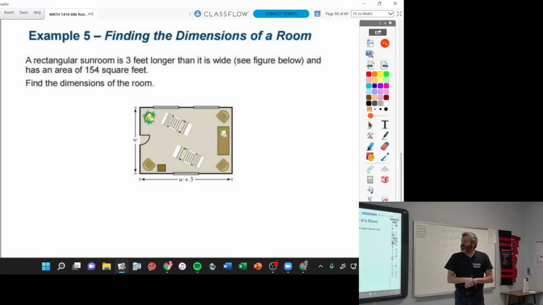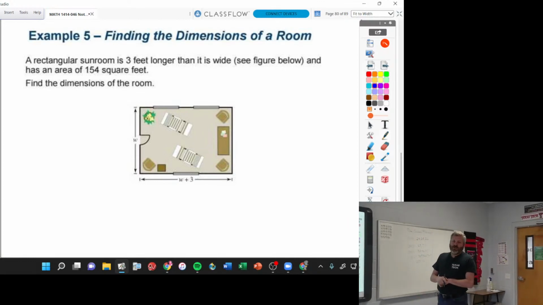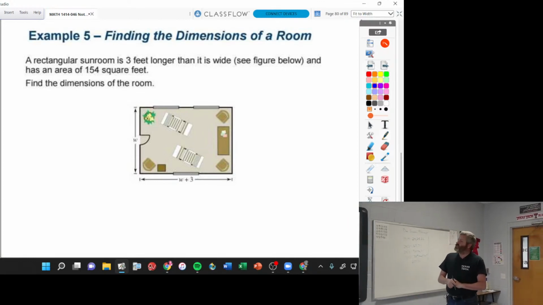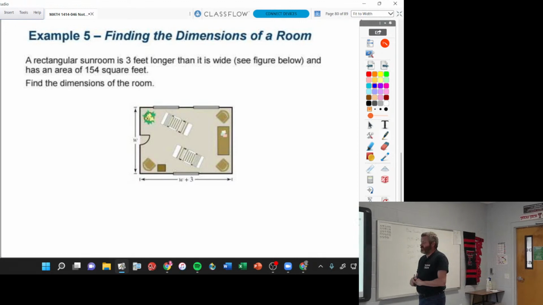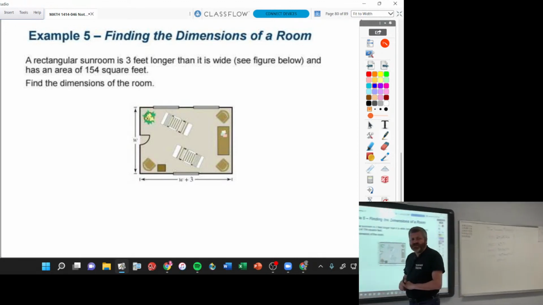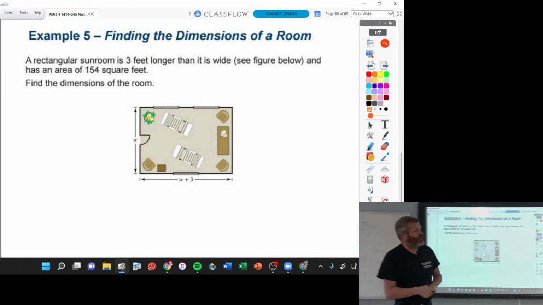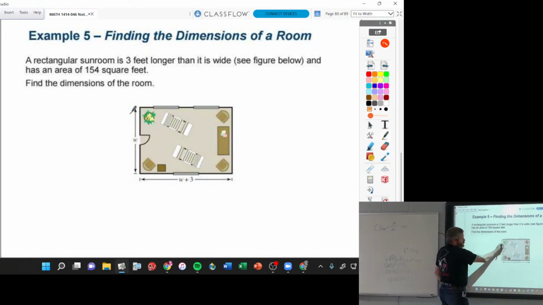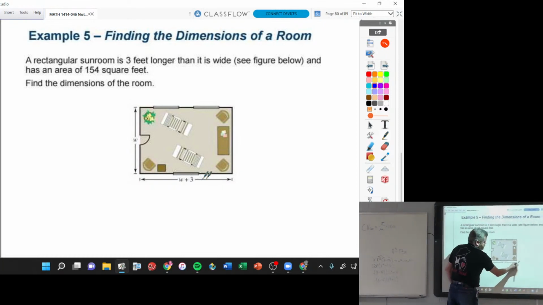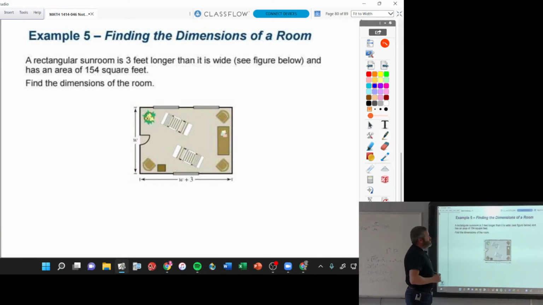So here's a problem. It says a rectangular sunroom is 3 feet longer than it is wide. See the figure below. And has an area of 154 square feet. Find the dimensions of the room. So they were nice to us on this problem. They gave us a picture. They told us the width of the room is W, and the length of the room is W plus 3.